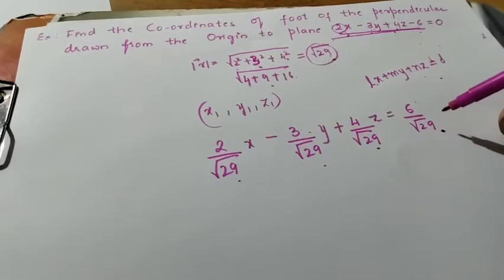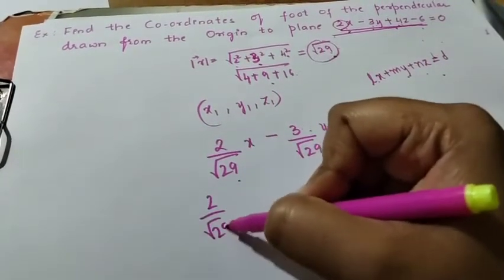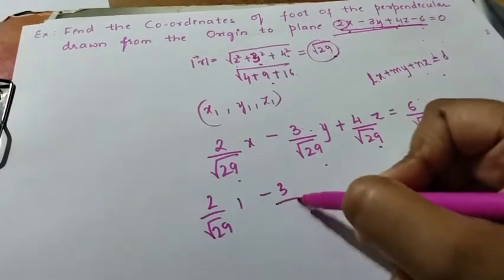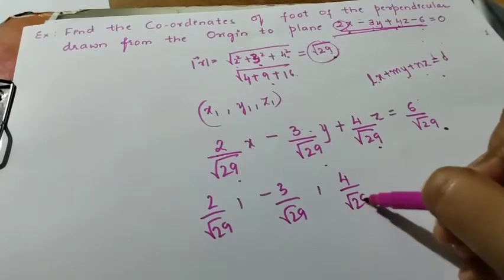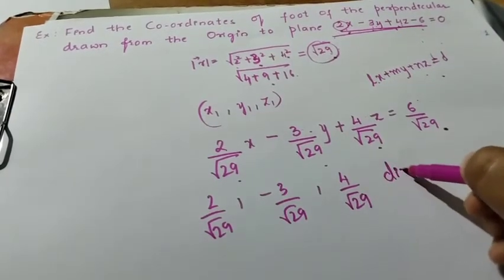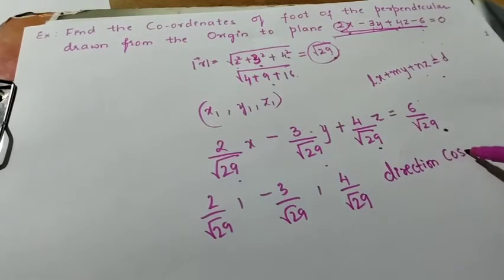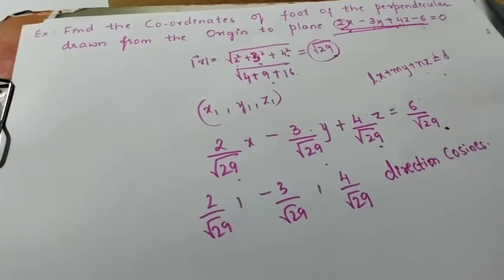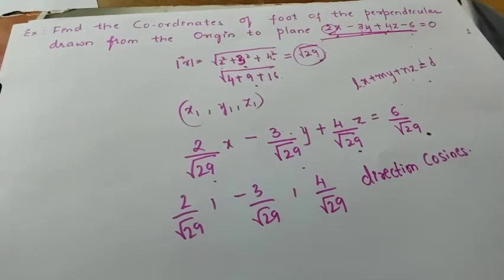So these are 2 by root 29, minus 3 by root 29 and 4 by root 29, the direction cosines. Once the equation is given, I write the direction cosines of this equation.